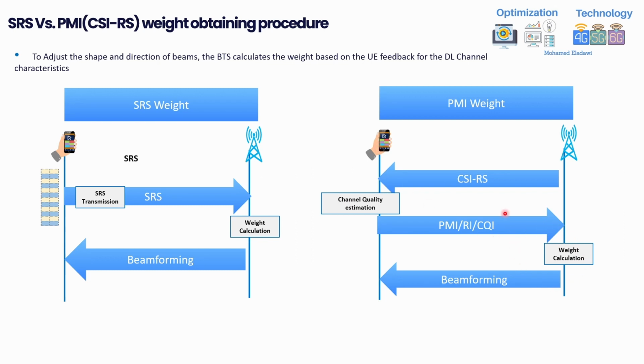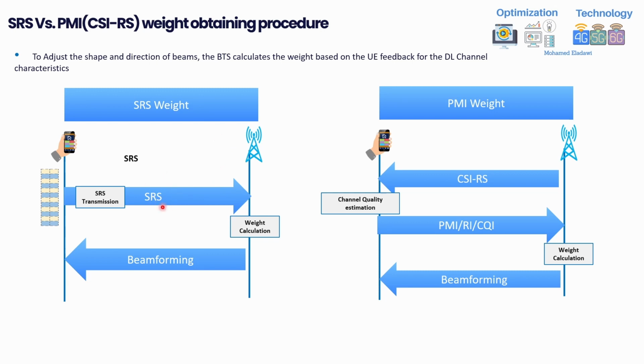So in this case, you can see you have more processes. This one is not timely updated like the SRS. The SRS is timely updated. The BTS can measure the SRS all the time, so it can give quicker, more accurate, and timely feedback. That's why, in general, SRS is recommended in good radio conditions, and PMI is recommended at the cell edge, where you will have very weak uplink coverage.